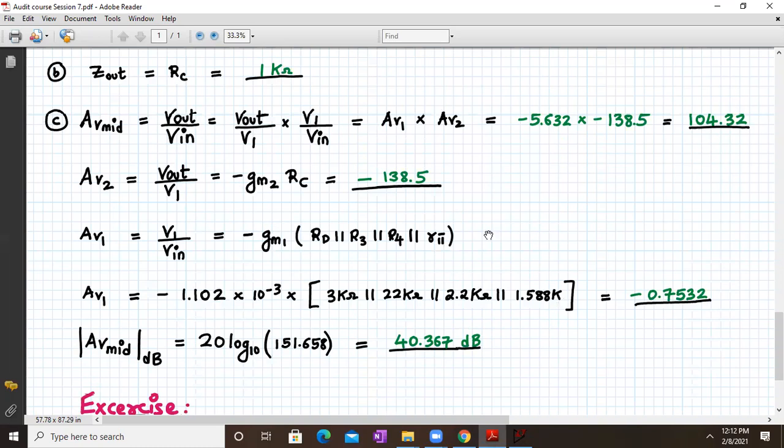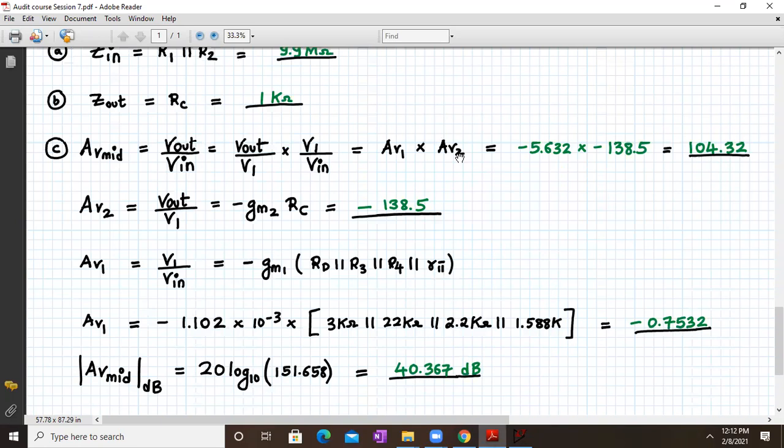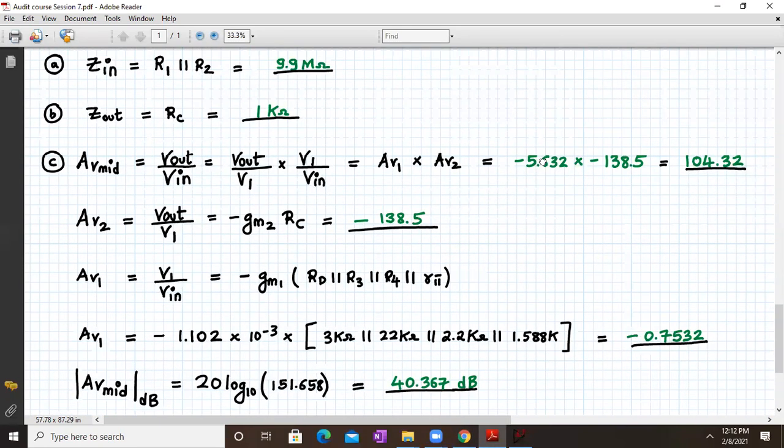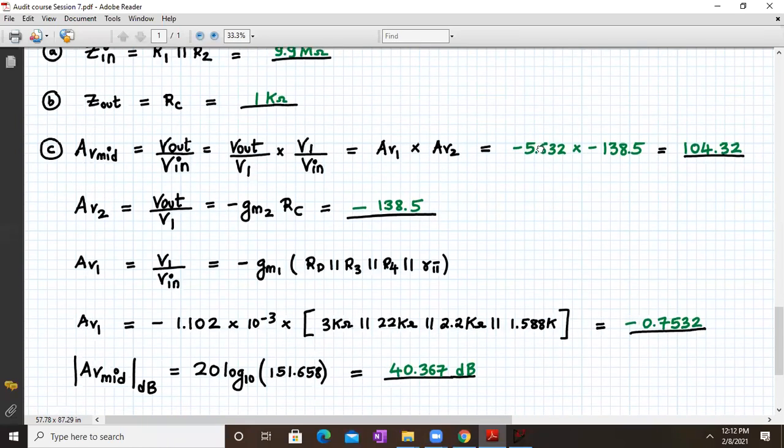0.7532. Now AV mid is AV1 into AV2, which will be minus, okay, here it is, there is some mistake. It will be 138.5 into minus 0.7532. So this is wrong actually. Okay, let me just show it to you. This is not correct.